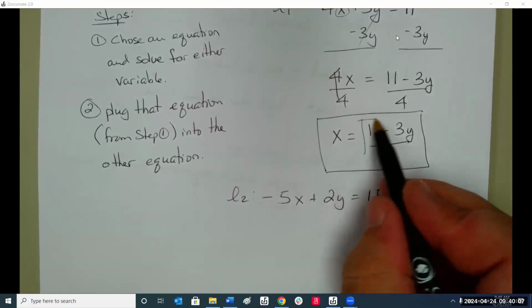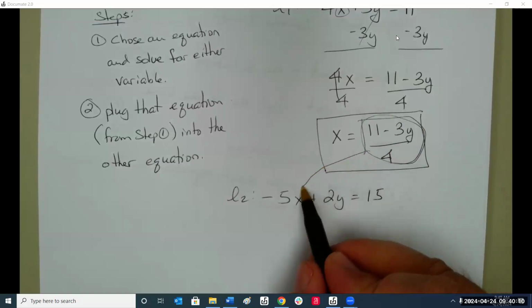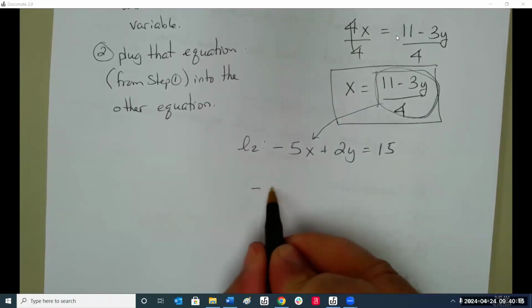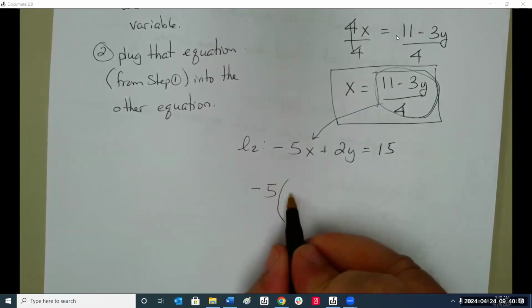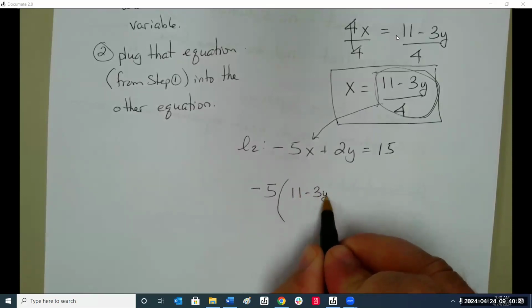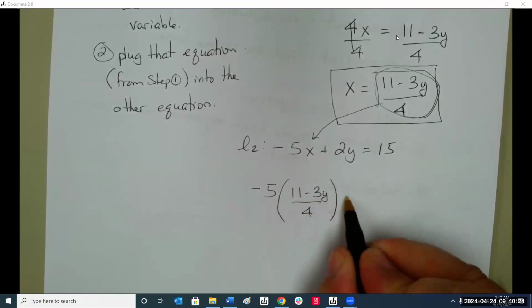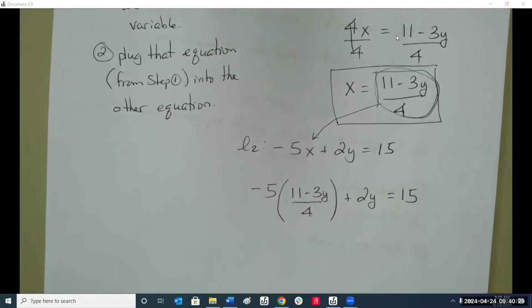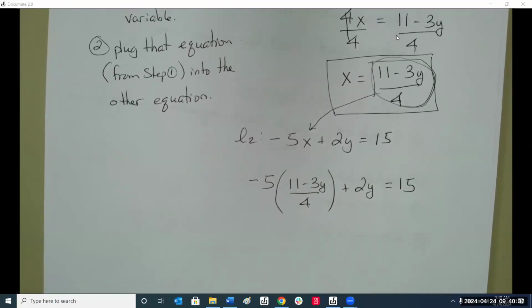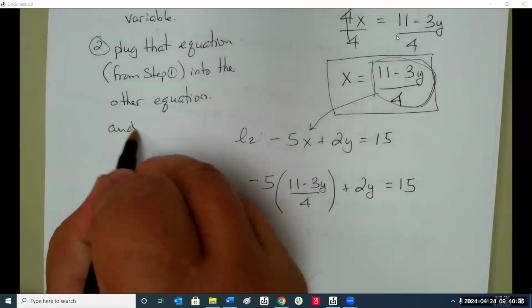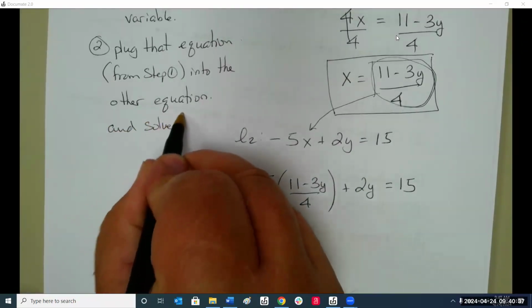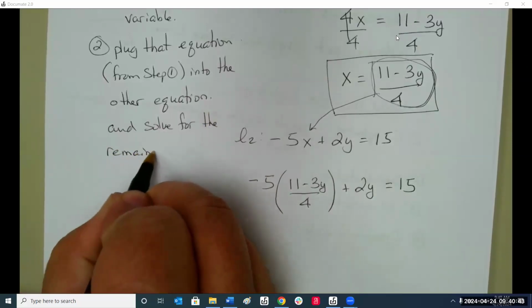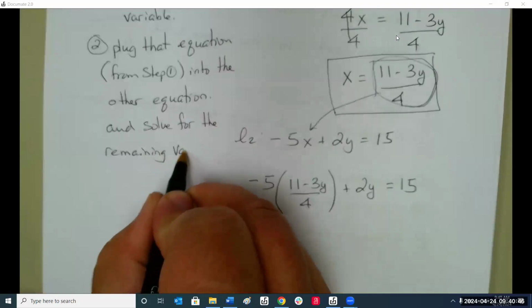So anywhere I see an x, I put 11 minus 3y over 4. And solve for the remaining variable.